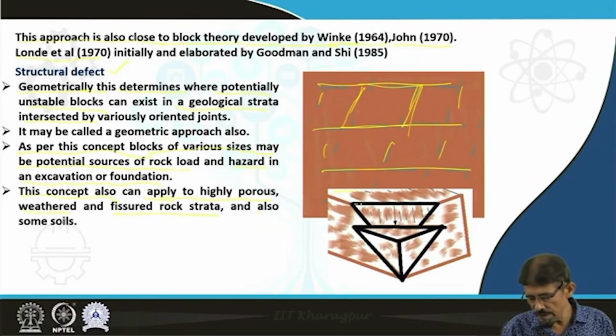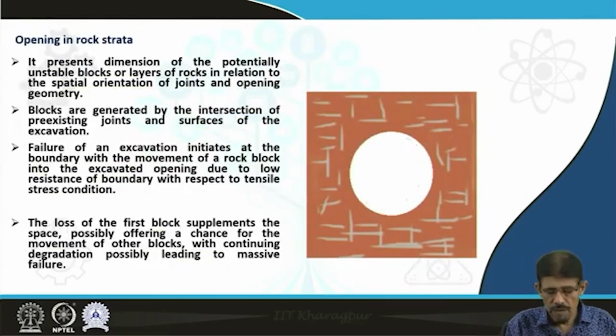You can see, according to this, along this discontinuity there is formation of this type of block in 3D, which is prone to slide or prone to failure. When we create this type of opening, the concept presents the dimension of the potentially unstable block or layer of rock in relation to the spatial orientation of joints and opening geometry.